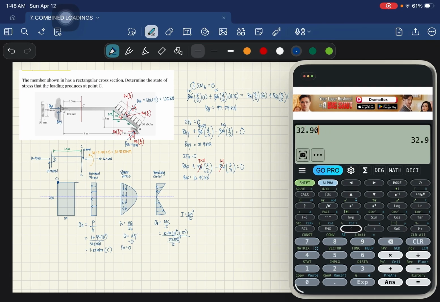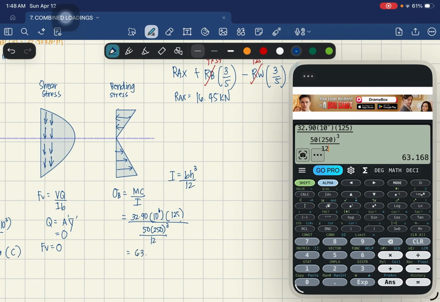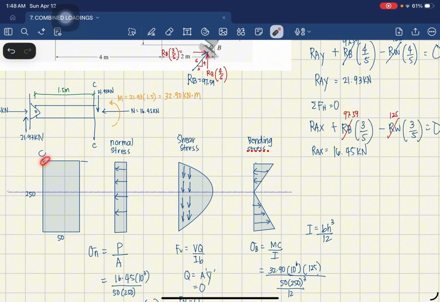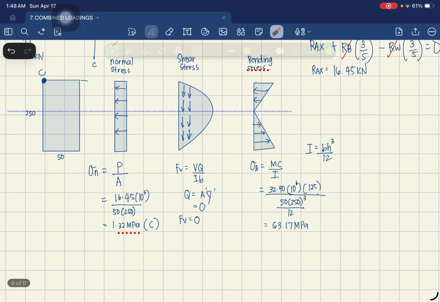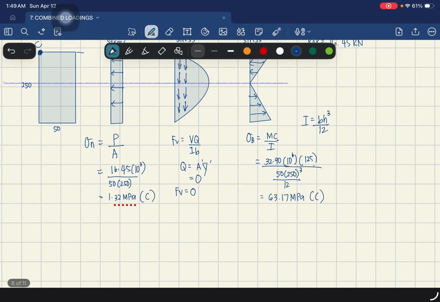So, yung makukompute natin, 32.90 times 10 raised to 6 times 125 over 50 times 250 raised to 3 over 12 is equal to 63.17 MPa. Since nasa topmost fiber yung pinapahanap na bending stress, so nasa compression side siya. So, lalagyan natin siya ng C to indicate na negative po yung bending stress.